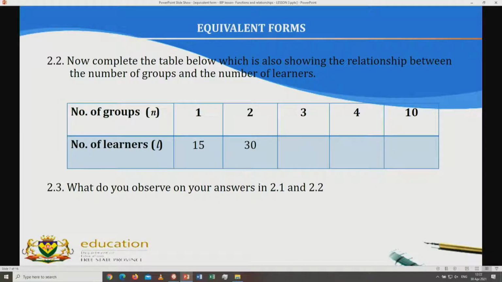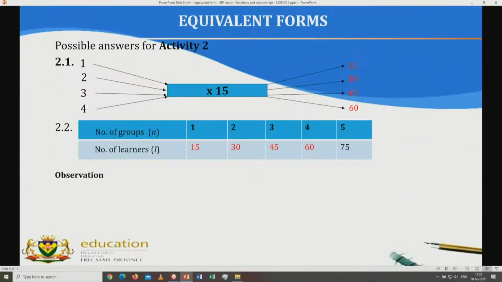Now, what do you observe on your answers? These are our answers. The first is a flow diagram having the output values as we have calculated them, and the second is a table having the output values as we have also calculated them.